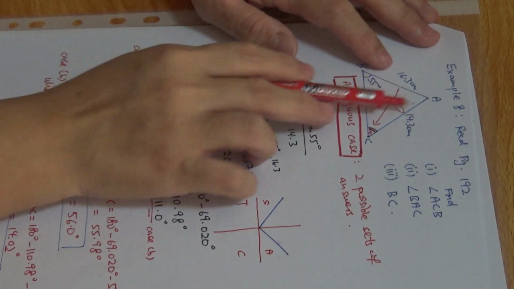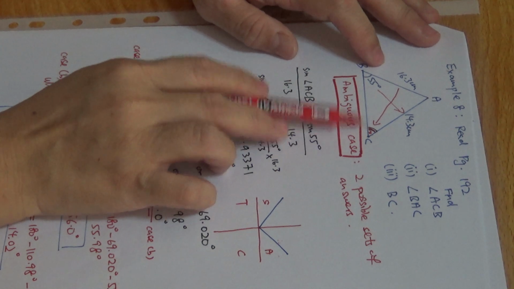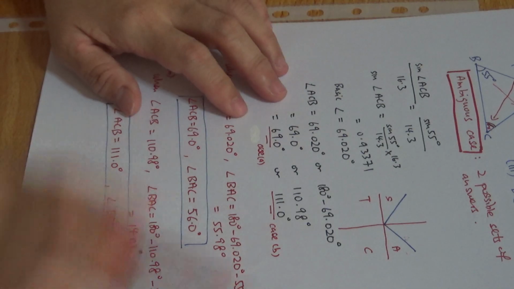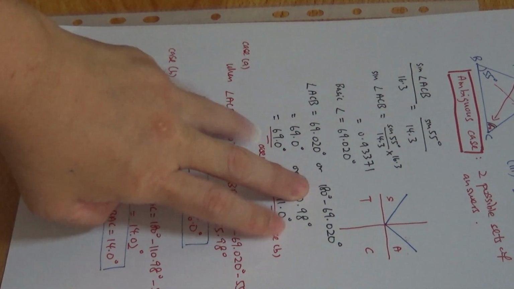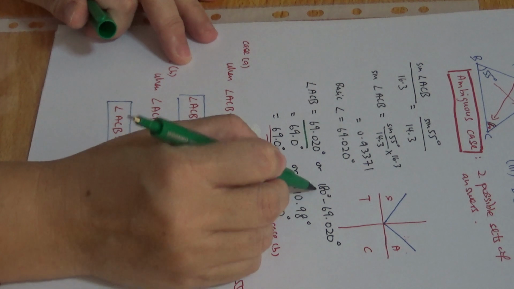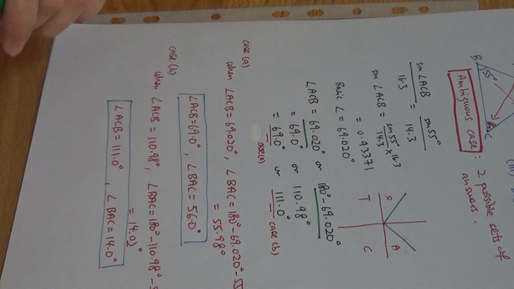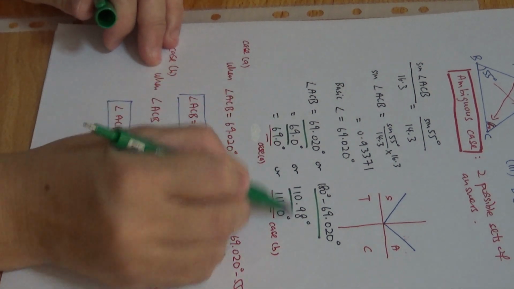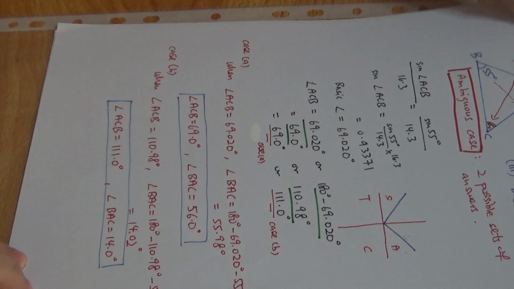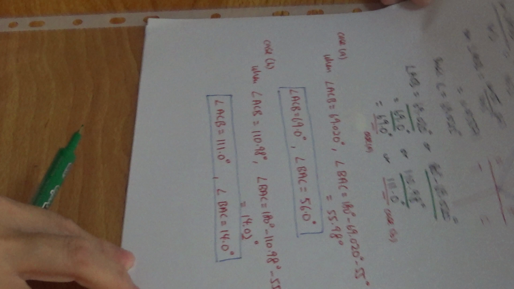Because this length is bigger than this length, this angle is bigger than 55. Can you see that both solutions here are bigger than 55? I cannot reject anything because I do not know the answer yet. So there are two cases here.